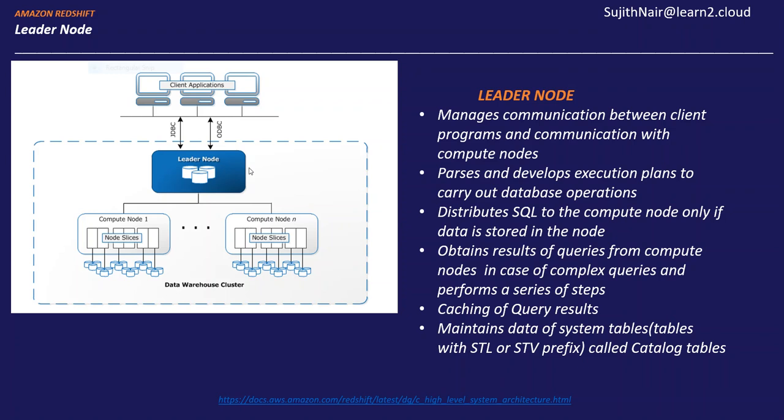When there is a request for work that is sent from the client applications to this Redshift cluster, the leader node tries to understand the requests that are being sent by the client application. The leader node is responsible for making sure that the requests that come from the client application are routed appropriately to the compute nodes. That is the responsibility of the leader node.